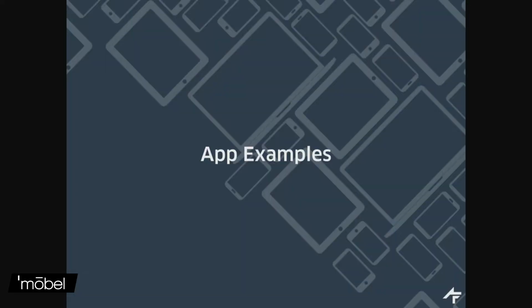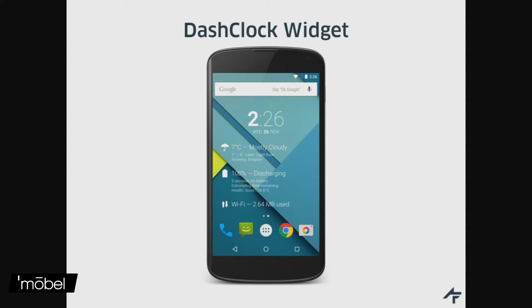So I have a couple of examples. So Dashclock widget. It's a home screen widget. Used to be on lock screens as well, but since that was removed from Android, you can't put it on your lock screen anymore. So it's a clock, and it has some basic functionality, showing the weather, battery status, and for example, the last one, that's a plugin.